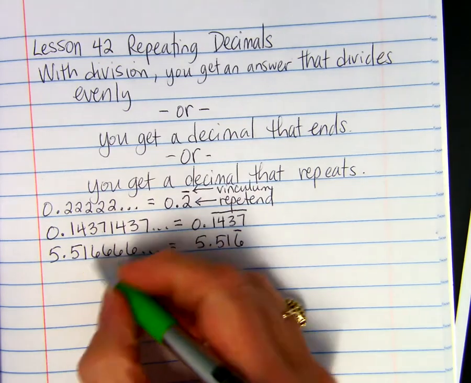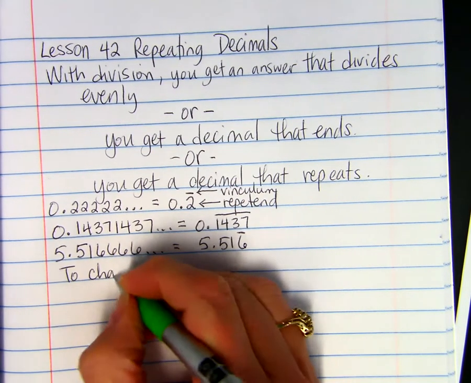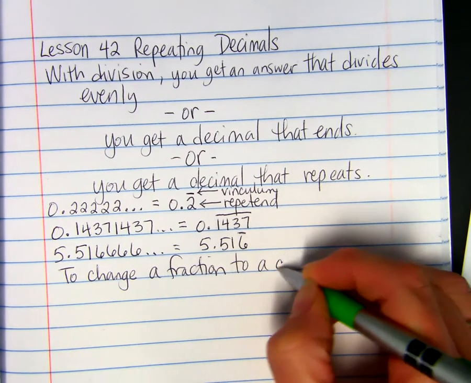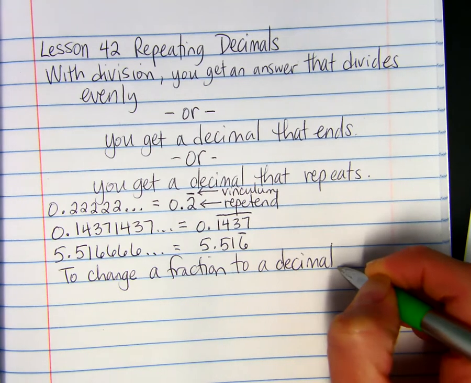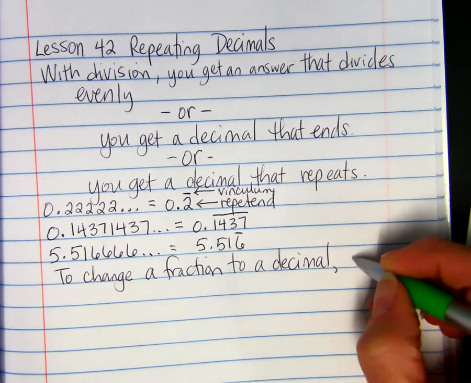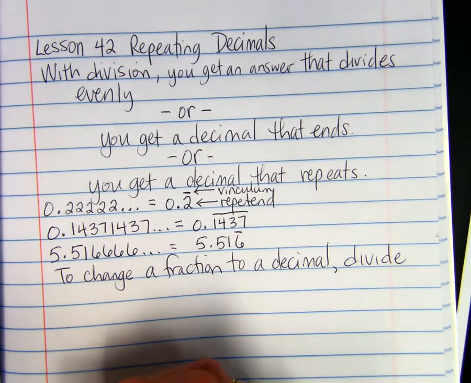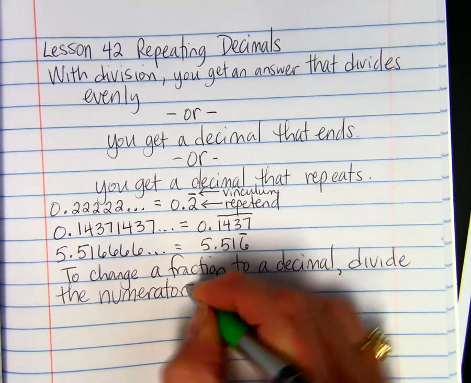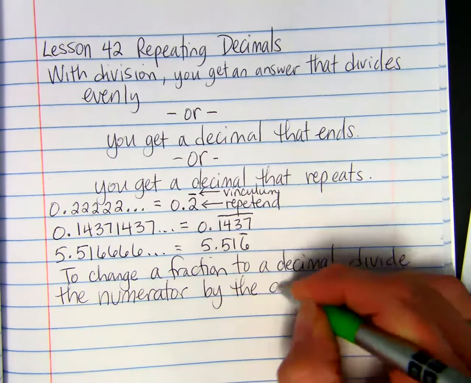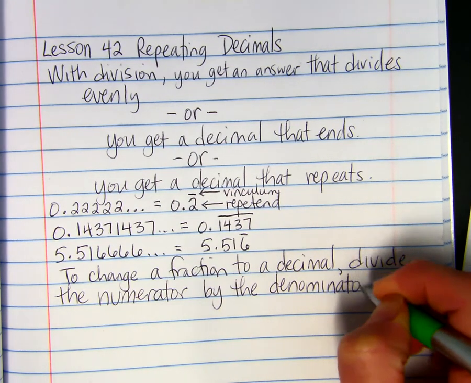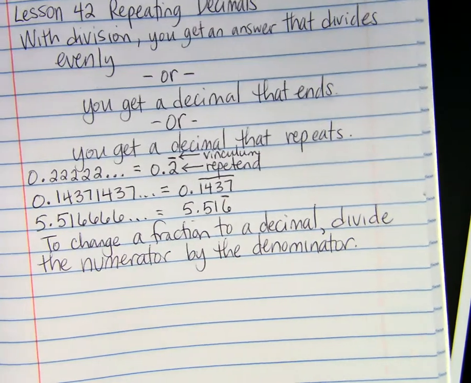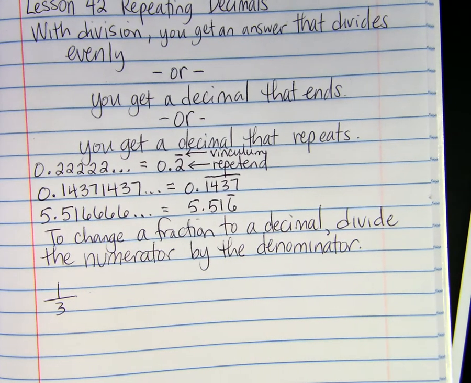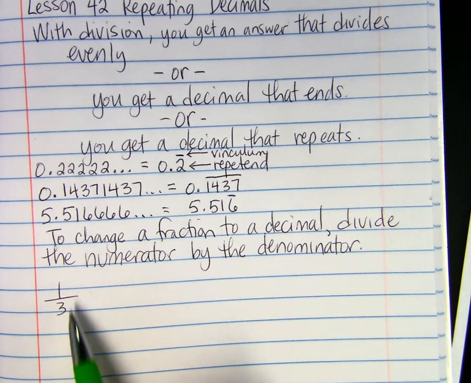So if we are given a fraction, to change a fraction to a decimal, all you have to do is divide the numerator by the denominator. So if we have a fraction 1/3 and we want to write that as a decimal, we can just divide the numerator by the denominator.